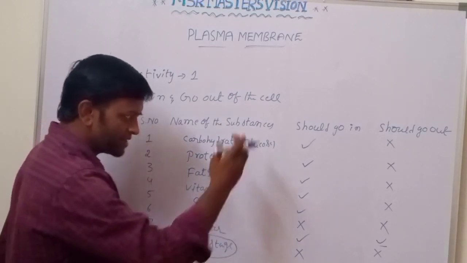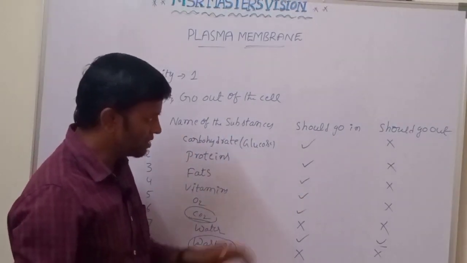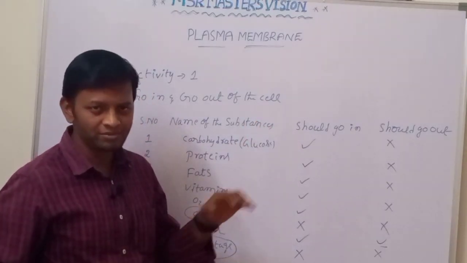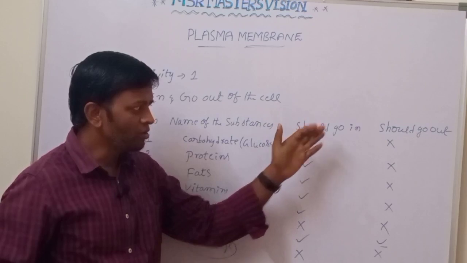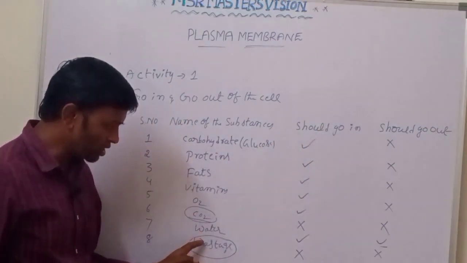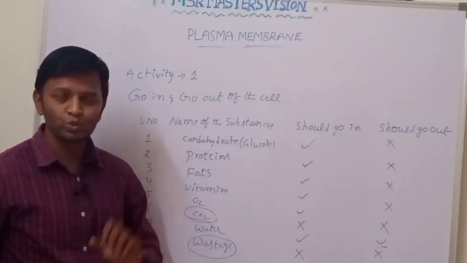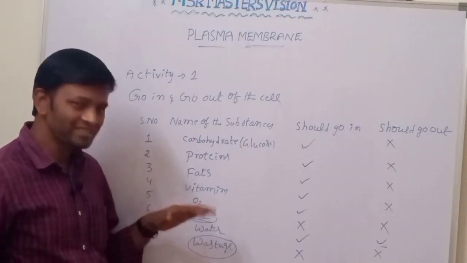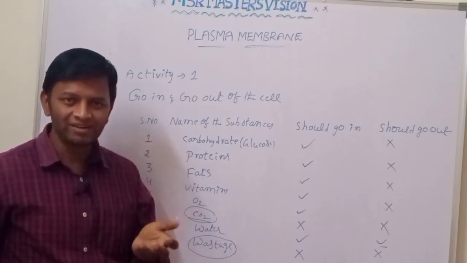See here, based on the observation of this table, we can say whatever substances are needed for our body, those substances enter inside the cell. Carbon dioxide and wastage, these two are not needed for our body. That is why these two substances exit from the body.